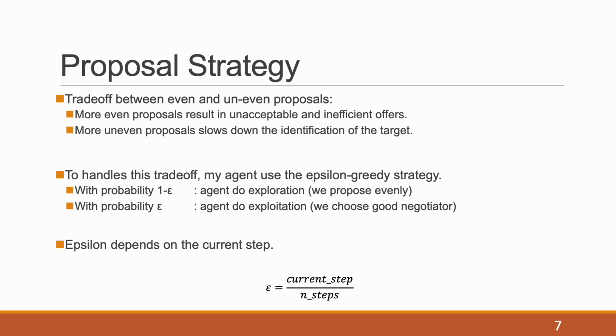There is the following trade-off between even and uneven proposals. More even proposals result in unacceptable and inefficient offers. More uneven proposals slow down the identification of the target. To handle this trade-off, my agent uses the epsilon greedy strategy.